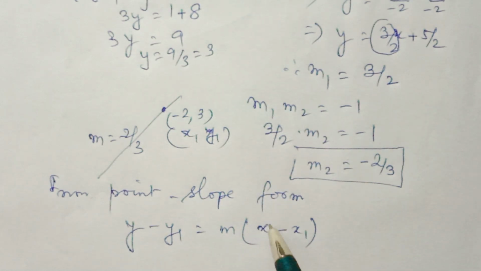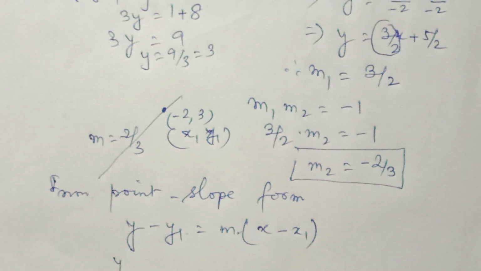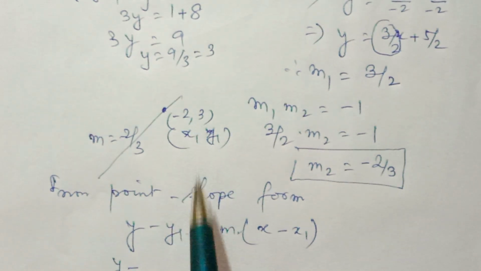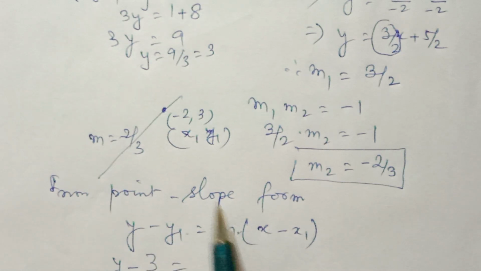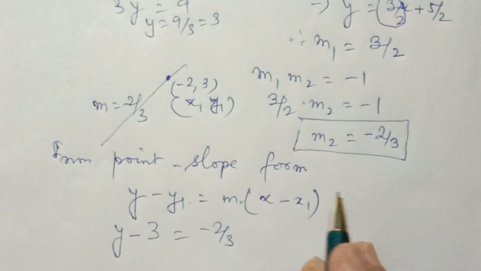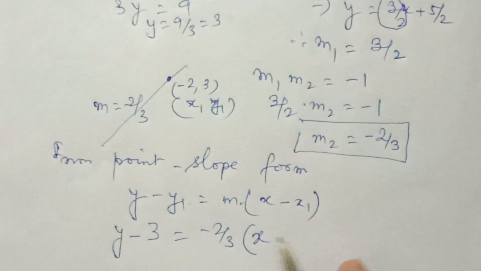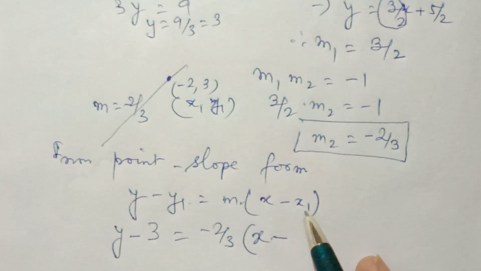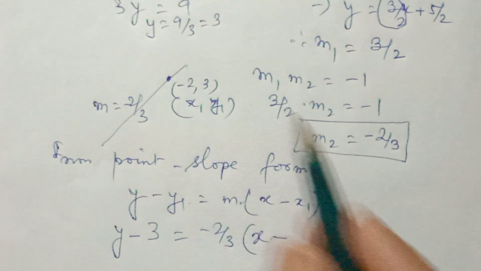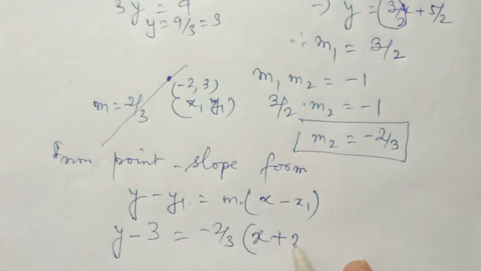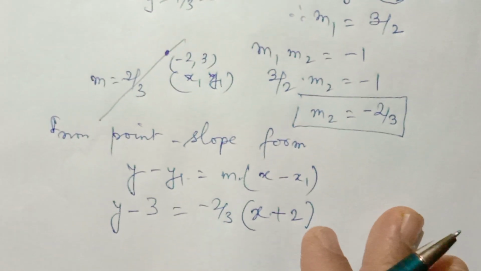So we have x1, y1 and we have m. So we'll put the values now. What is y1? 3. m is minus 2 by 3. Then x and y will remain there because you are writing the equation, and x1 is minus 2. So minus minus is plus.